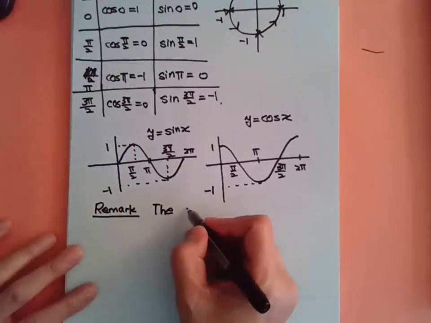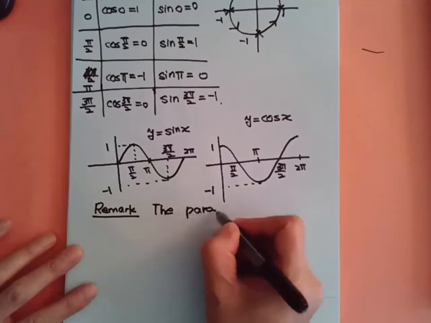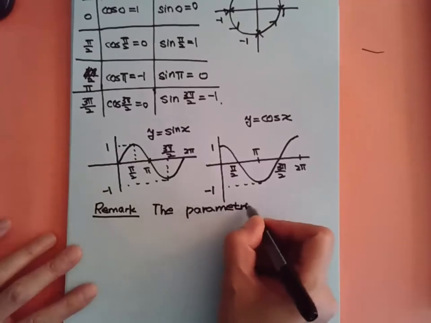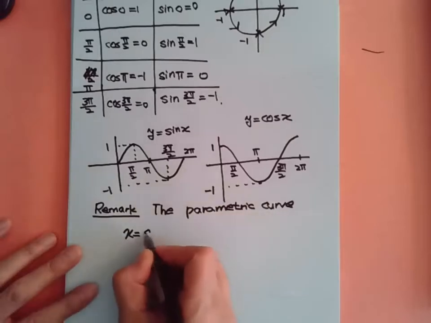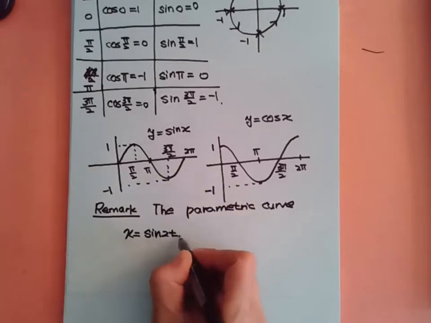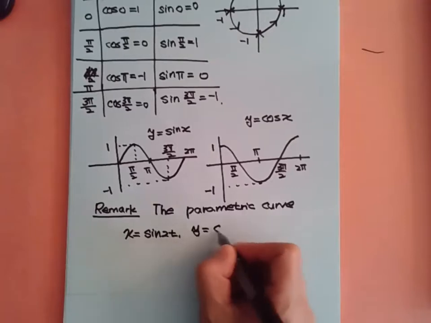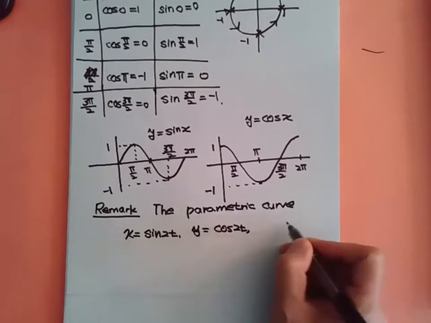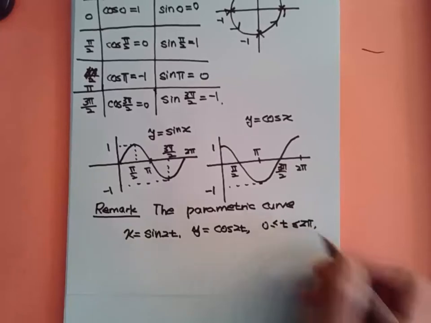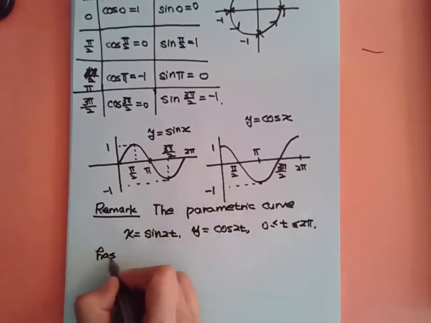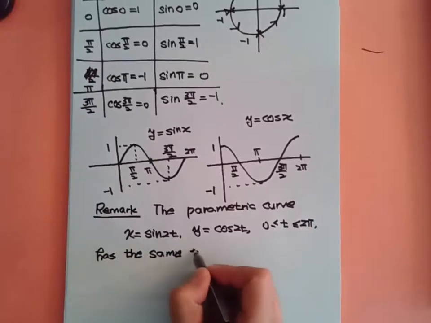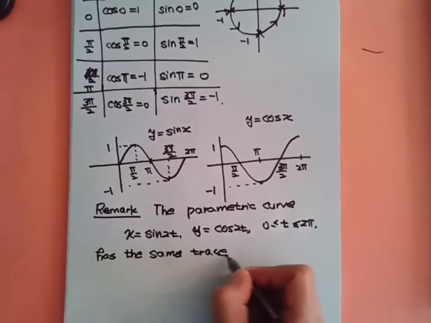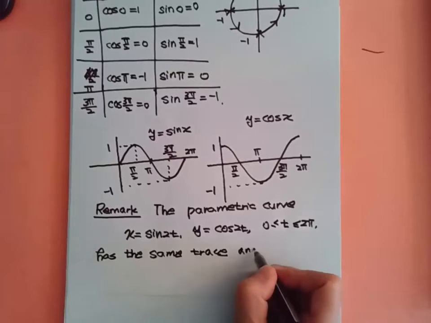So the parametric curve x equals sine of 2t and y equals cosine of 2t, when we think about 0 to 2 pi, has the same trace and direction.